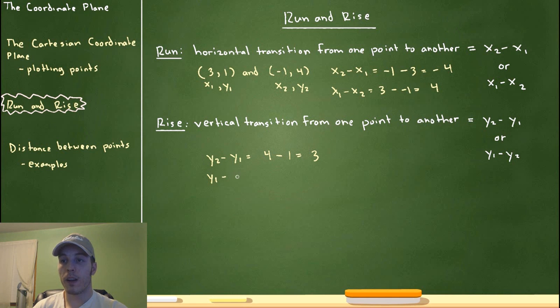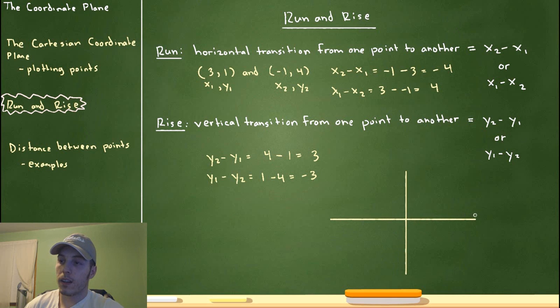So that's going to be y1 minus y2 is equal to, that's 1 minus 4, which is -3. Okay, so let me go ahead and plot those points just so we could have a geometric picture of what we're talking about. And again, this is thanks to Rene Descartes. We could do this thing here.